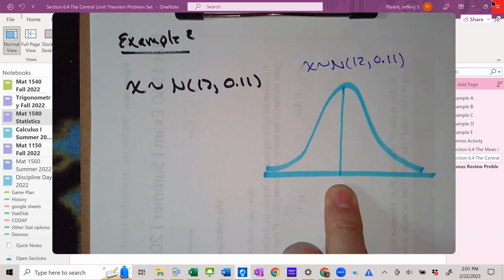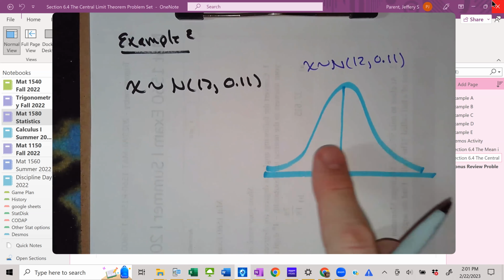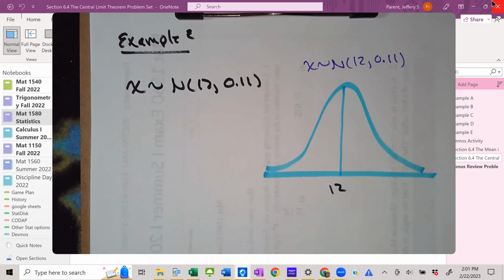What number should I put here for this distribution? 12. 12, exactly. How much of the area is to the right of 12? How much of the area is to the left of 12? Someone else. Someone hasn't had a chance to speak today. How much of the area is to the left of 12? How much of the area is to the right of 12?